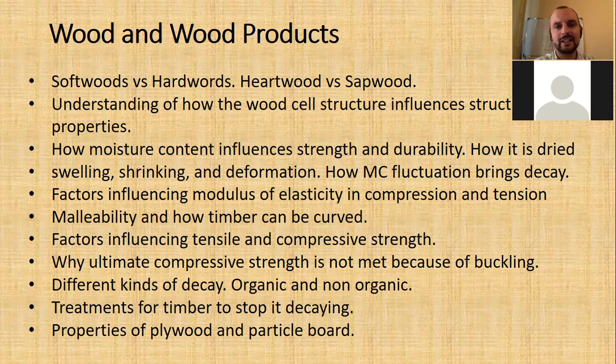You may have seen some of the cool curved shapes I showed, a few pictures of bent wood or malleable wood. We talked about tensile and compressive strength differences between them.